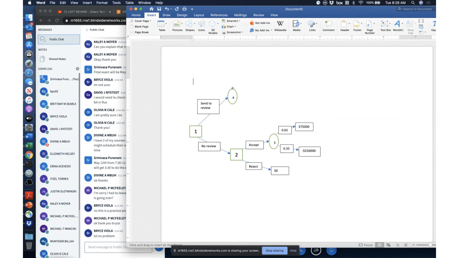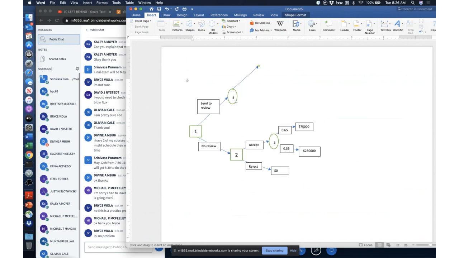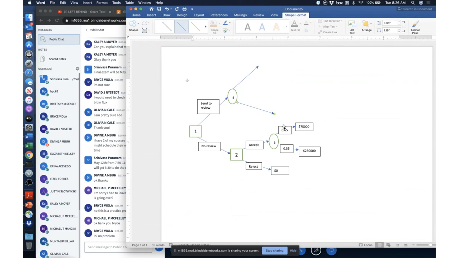The review result can be either favorable or unfavorable. Remember, the 65% chance is the probability that the manuscript is successful, and the 35% chance is the probability that the manuscript is not successful.